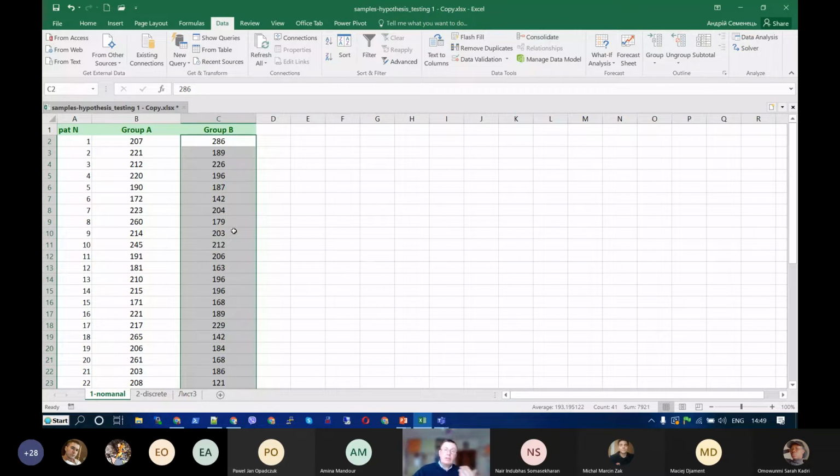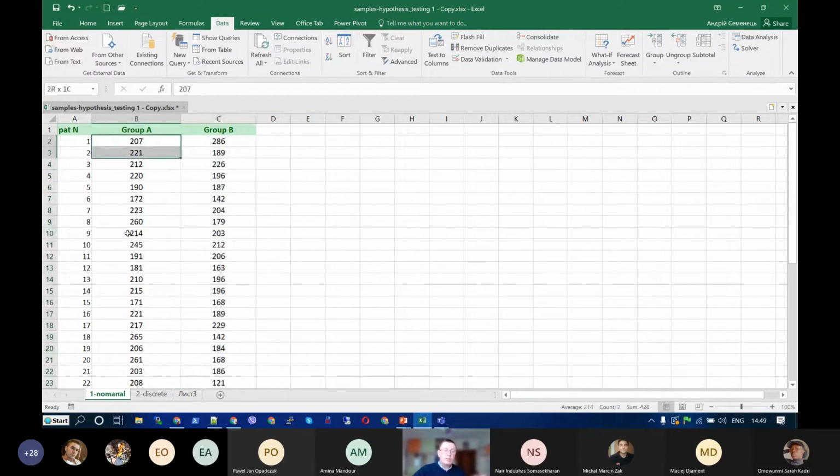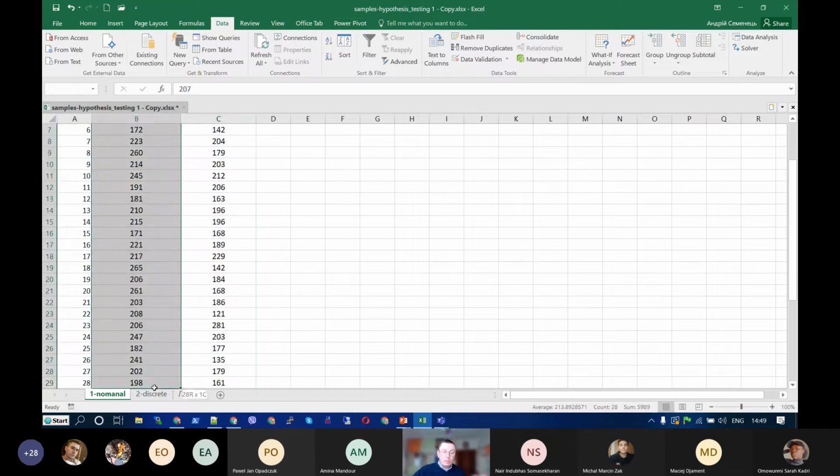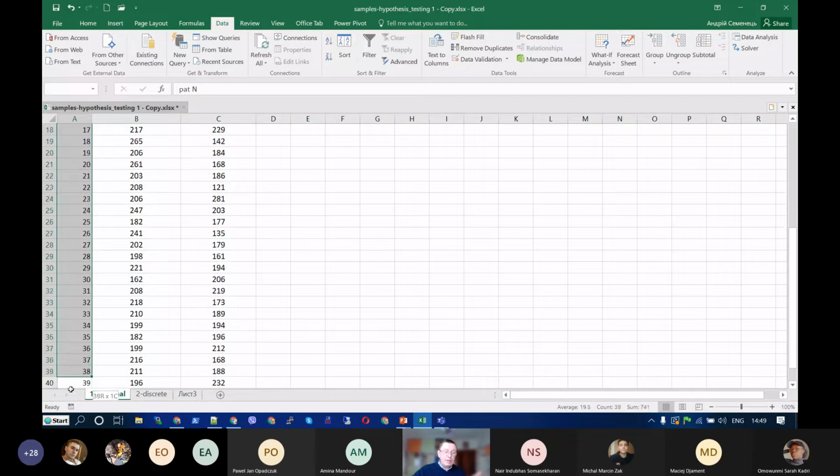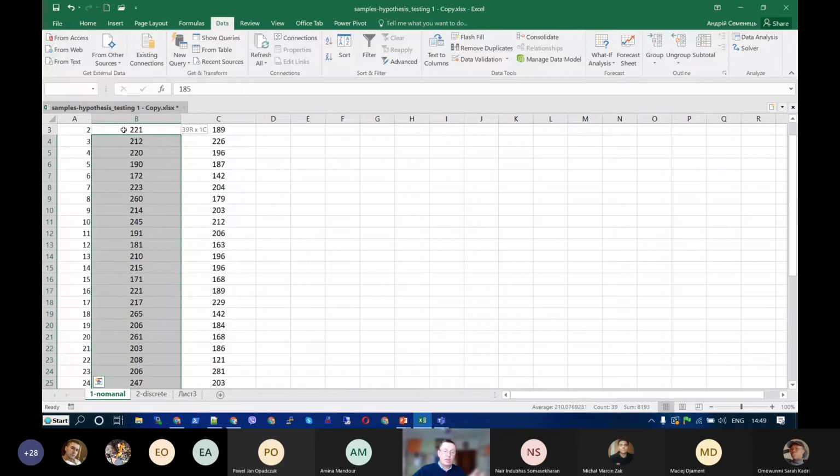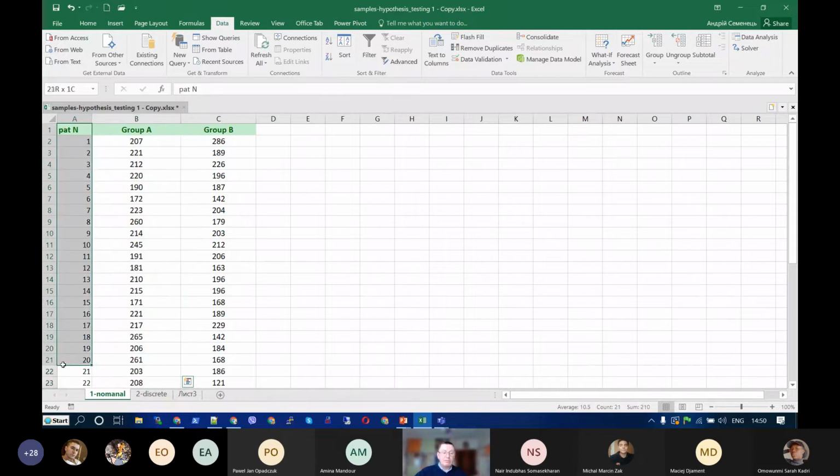I have nothing to explain practically because I don't know what this data is about. I just know that we have a nominal independent variable x, and the observation is discrete.